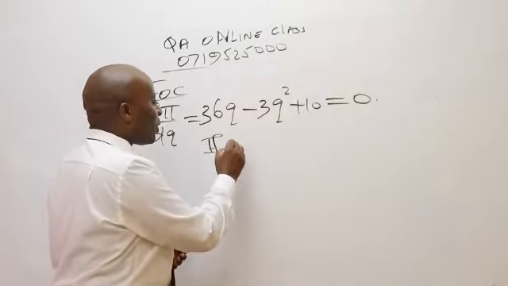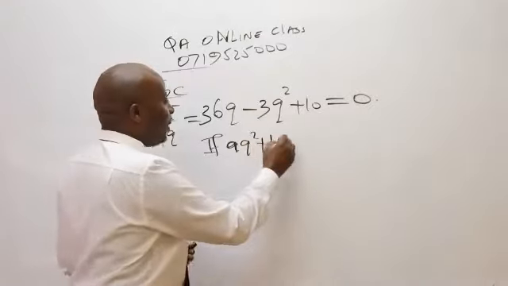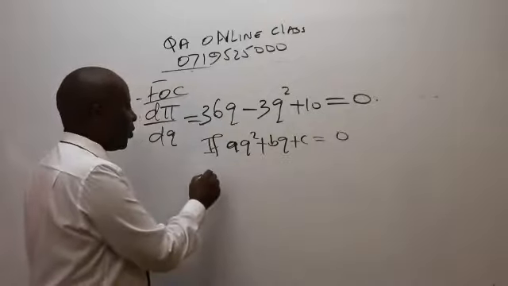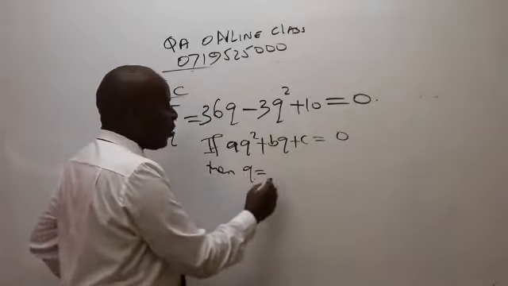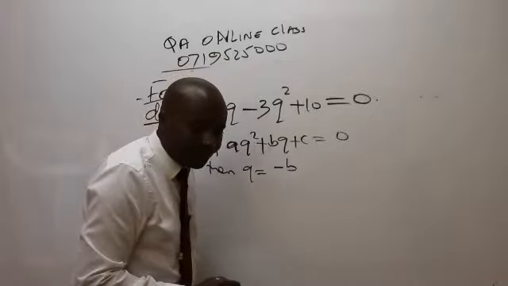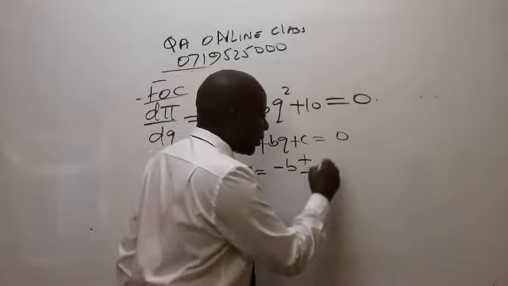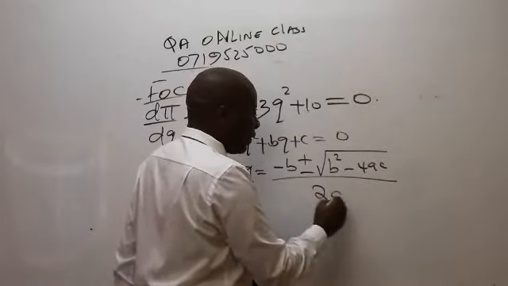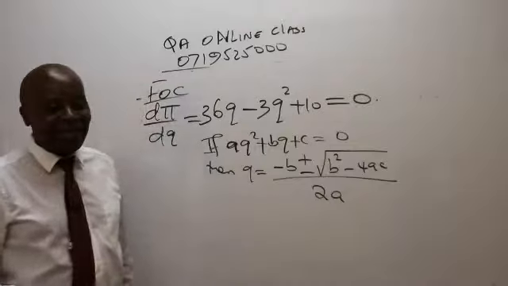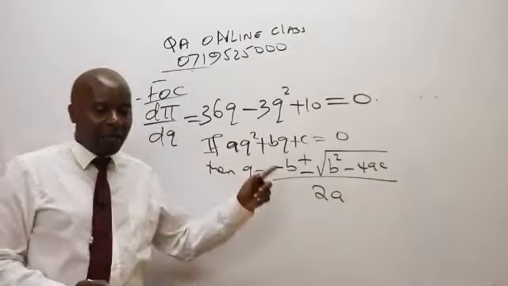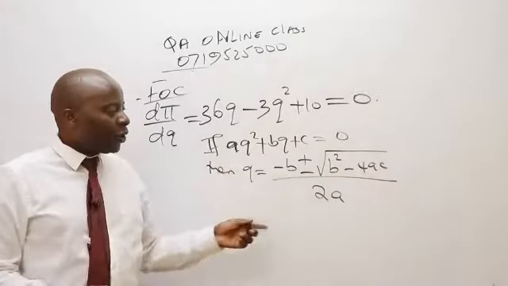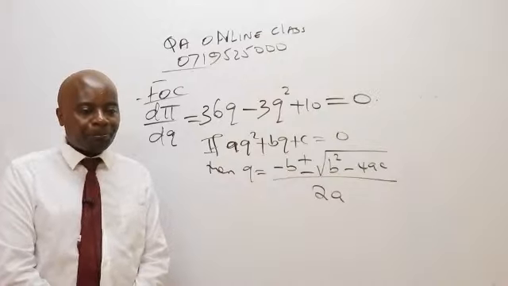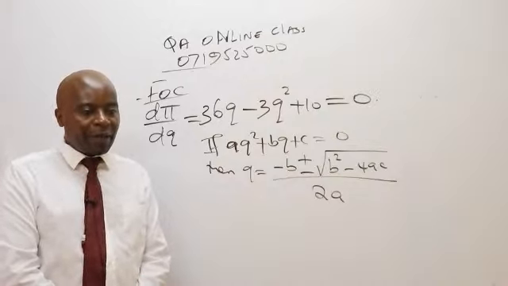They look like this: aq squared plus bq plus c equals 0, then q will be equal to minus b plus or minus the square root of b squared minus 4ac, everything to be divided by 2a. Very important. Everything to be divided by 2a.